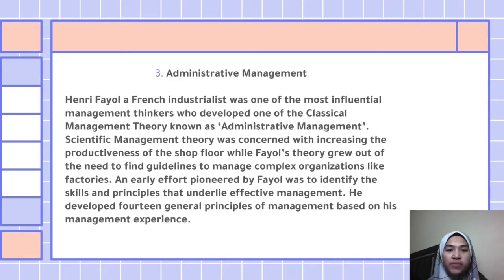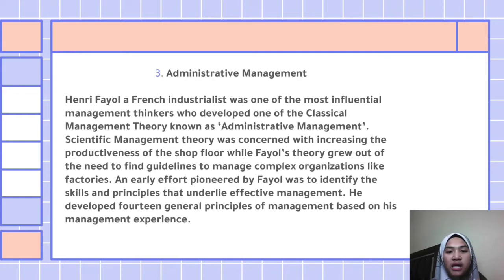Administrative management. Henri Fayol, a French industrialist, was one of the most influential management thinkers who developed one of the classical management theories, known as administrative management. Scientific management theory was concerned with increasing the productiveness of the shop floor, while Fayol's theory grew out of the need to find guidelines to manage complete organizations like factories.